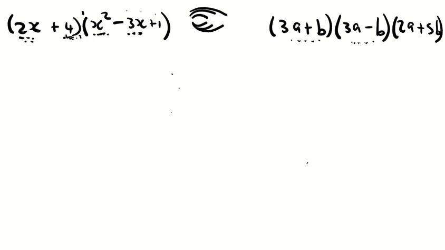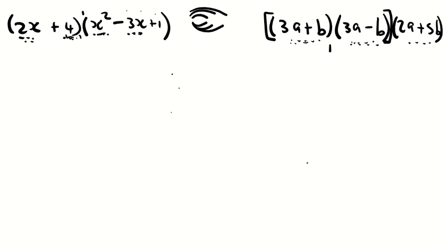Or you can choose 2a plus 5b and 3a minus b, multiply them together, and take their result and multiply it by 3a plus b. So I'm going to show you how you would do this one. You will just treat 3a plus b and 3a minus b as a single expression.